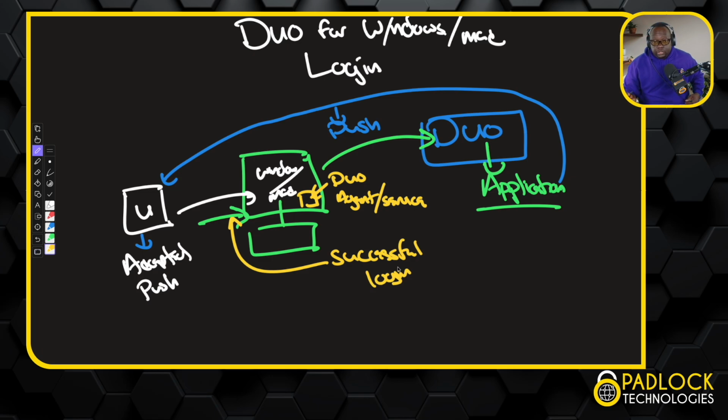Now, I will tell you this, you need internet for this to work. That's the big gotcha when I bring this up to people. They say, well, what if I don't have internet? In the application, you can set up what they call offline access. It allows you to enroll in offline access, where it will give you a passcode to put in.